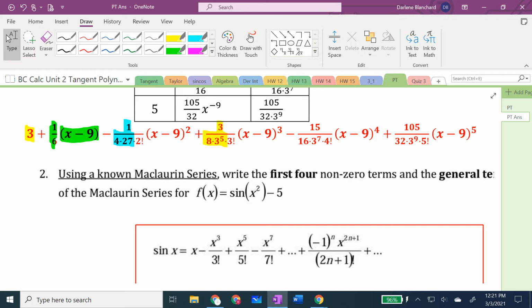These are the first 4 non-zero terms and the general term. Based on order of operations, you need to first substitute in an x squared. When you substitute x squared in, you are multiplying the exponent 2 with the current exponent.